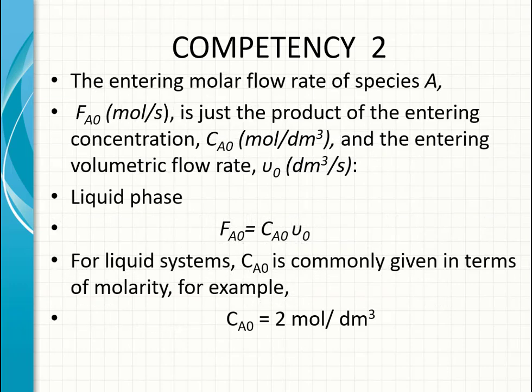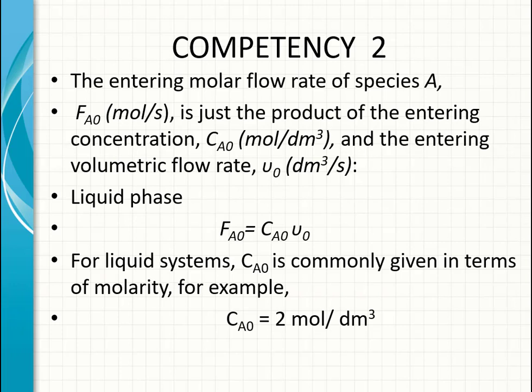The entering molar flow rate of species A, Fa0 moles per second, is just the product of the entering concentration Ca0, which is moles per cubic decimeter or moles per liter, and the entering volumetric flow rate, v0, which is liters per second.